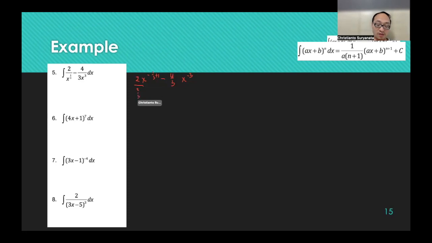So divided by 2 over 3. This one plus 1 is negative 2, so divided by negative 2. So the result will be 3x to the power of 2 over 3, plus 2 over 3 x to the power of negative 2, plus c.